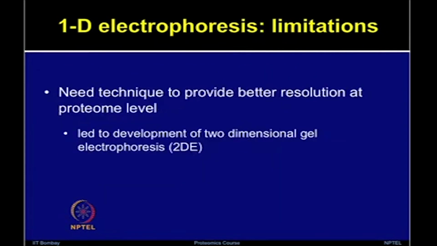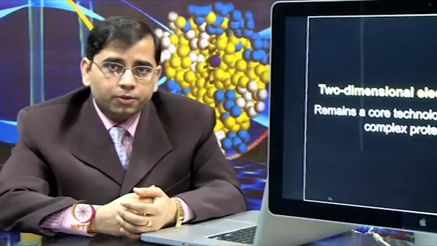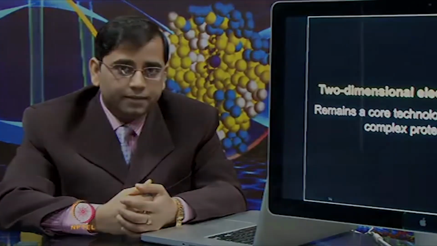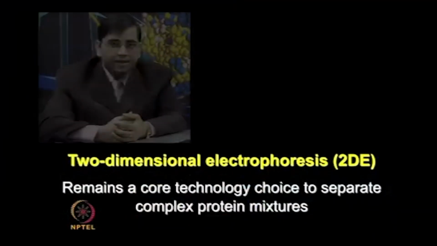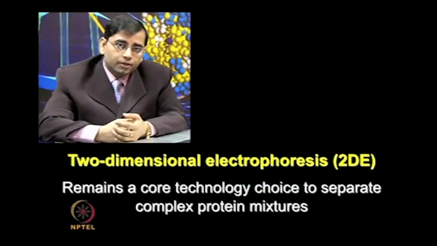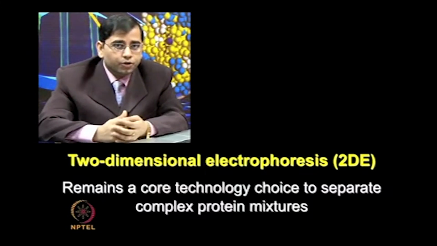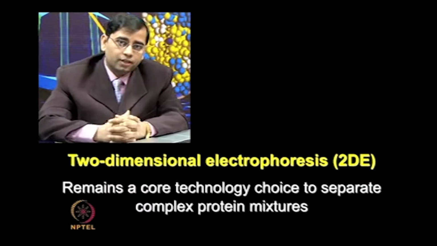To overcome these types of limitations and to obtain better resolution of protein separation, two-dimensional electrophoresis was applied. So now let's talk about two-dimensional electrophoresis or 2DE. This technique was first used in the 1970s, so it has a very long history of being used in laboratories.